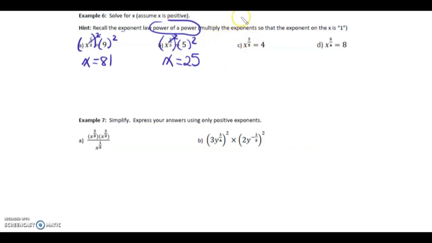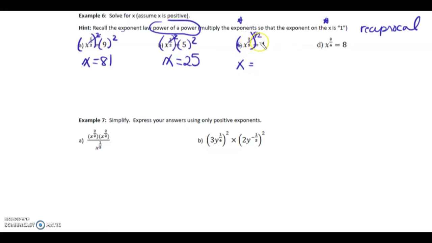Okay? C and D are really, really important skills. So think reciprocal. So x to the 2 over 5, in order to get 1, we would have to multiply 2 over 5 by 5 over 2. Those would cancel to 1, and we would get x.